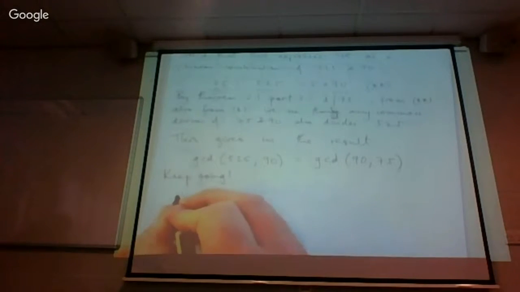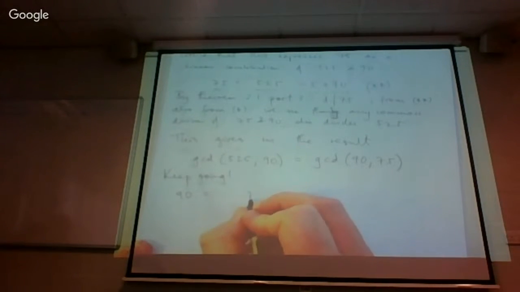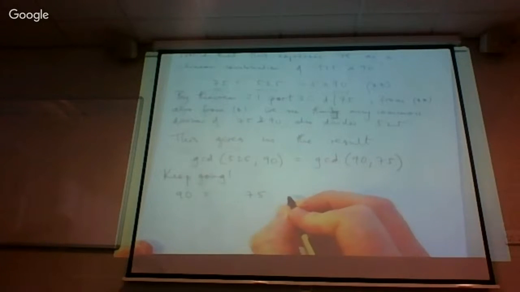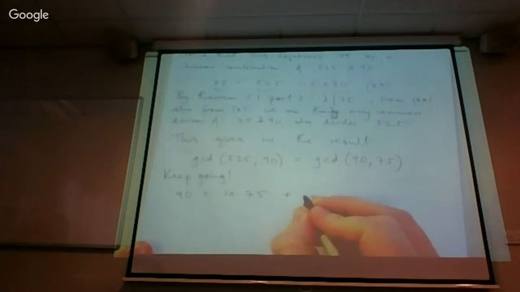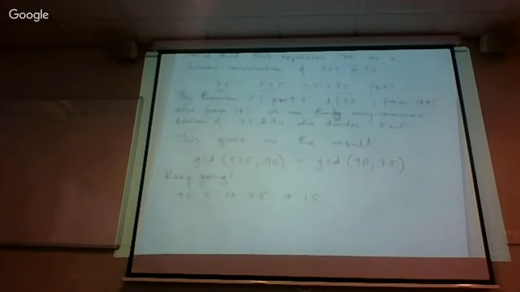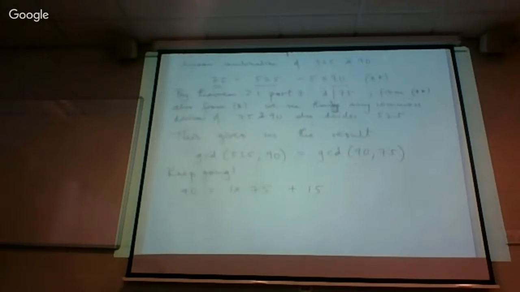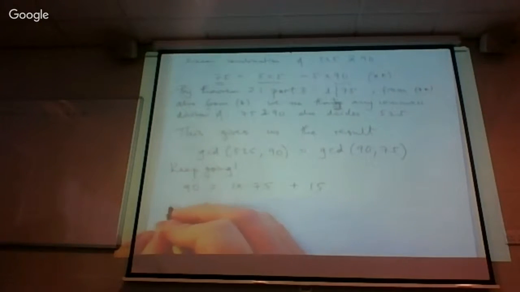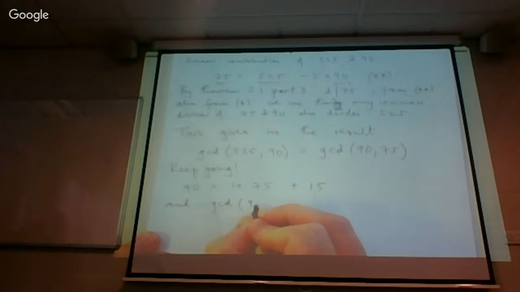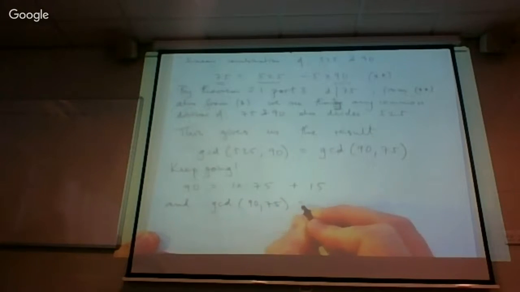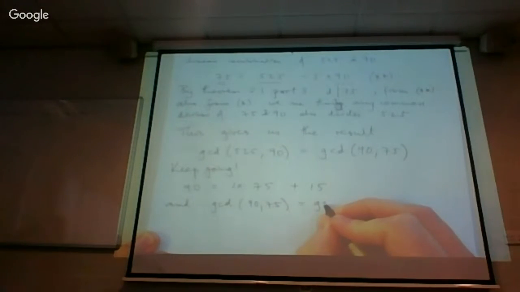We say 90, now we'll divide 90 by 75. Well, it's 1 times 75, put the 1 in, plus the remainder of what? 15. Now we get an easier problem. We observe that the greatest common divisor of 90 and 75, by the same explanation as before, is now equal to the greatest common divisor of 75 and 15.